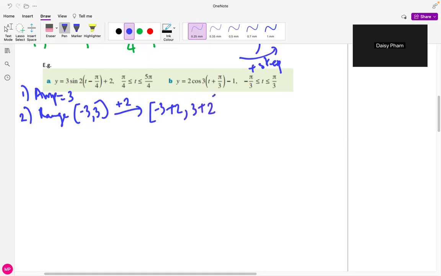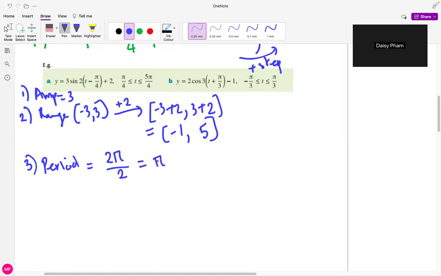Okay, so negative 3 plus 2 gives you negative 1, and 3 plus 2 gives you 5. That's the final range. And then you find the period. So the period is 2 pi over n, and n is the number in front of t, which is 2, so 2 pi over 2, which is pi.